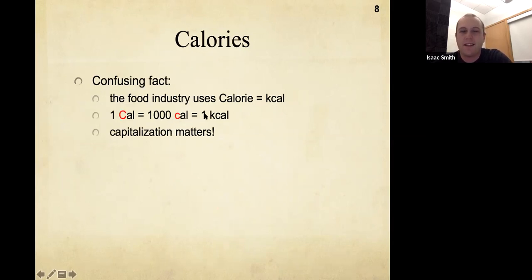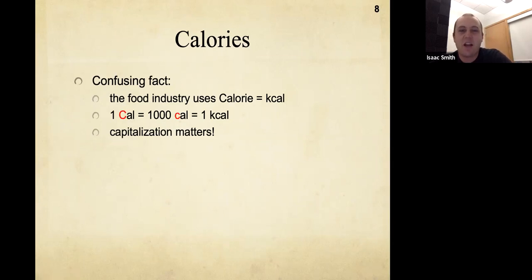It would look really bad to say a Snickers bar has 250,000 calories, right? Because it really does have 250,000 calories with a small c. So instead they made the big C equal to 1,000 calories of the small c. So now a Snickers bar only has 250 calories with a big C.